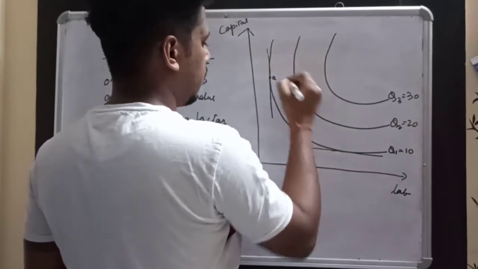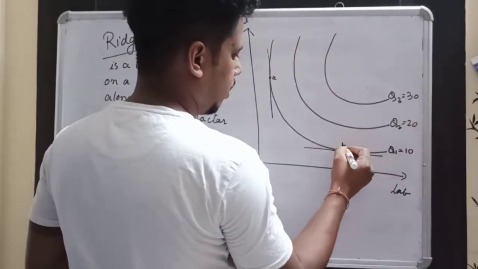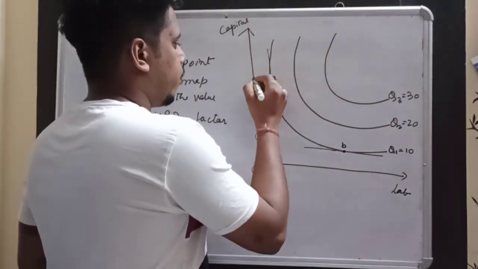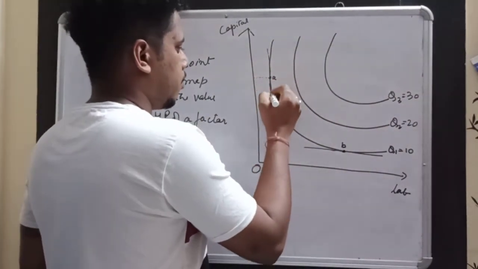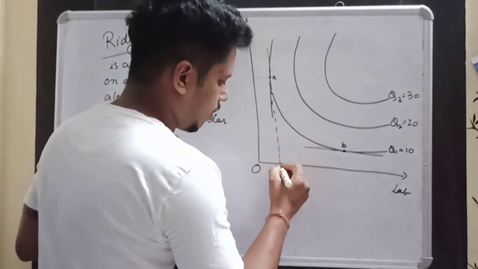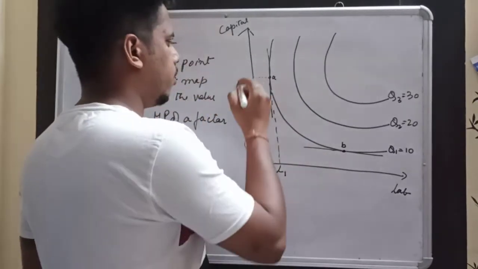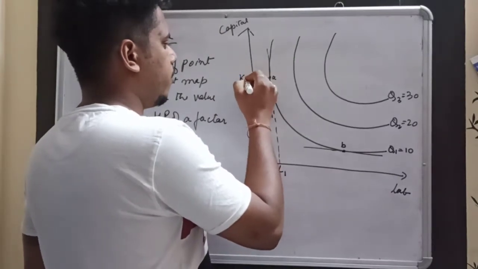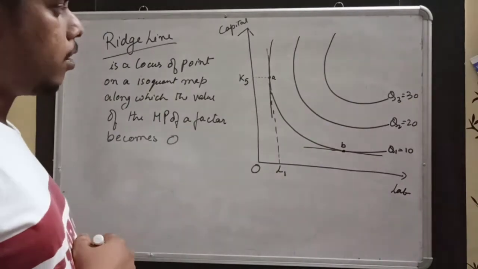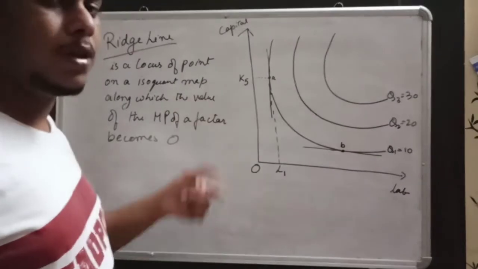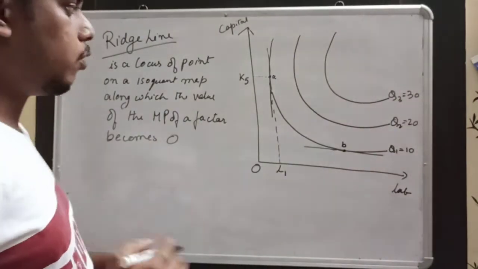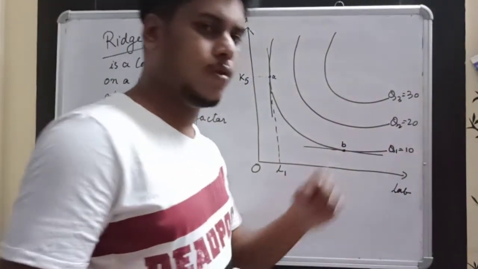Point A, point B. Now at point A you are using L1 amount of labor and say K5 amount of capital. By using this combination of inputs, the isoquant is saying that you are able to produce 10 units of output.